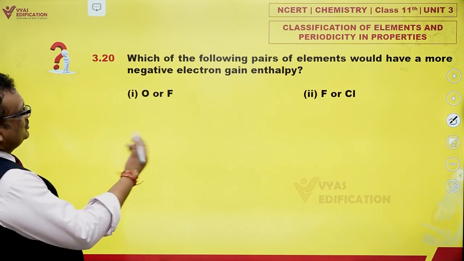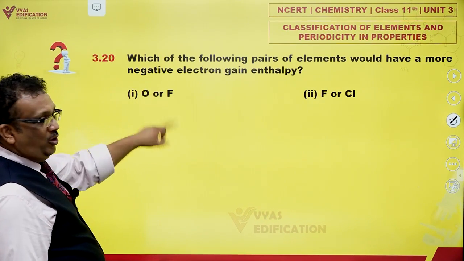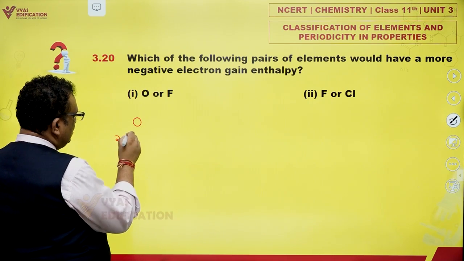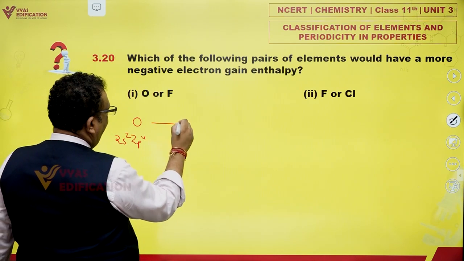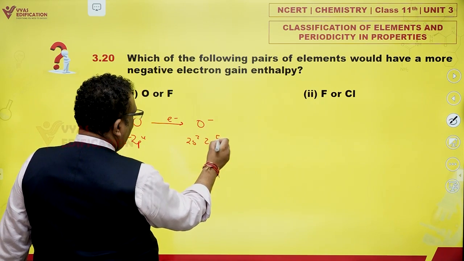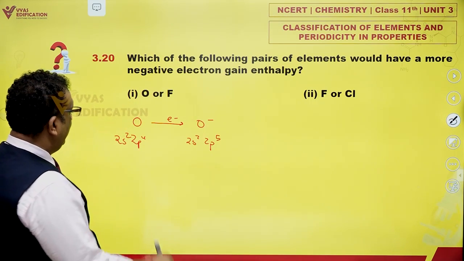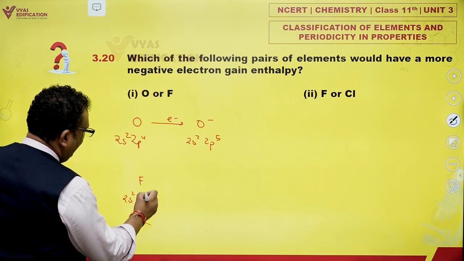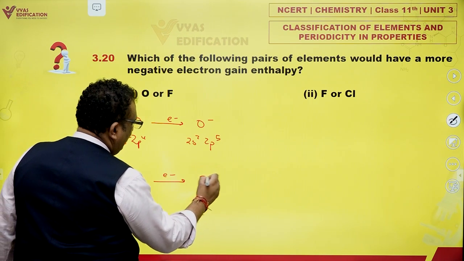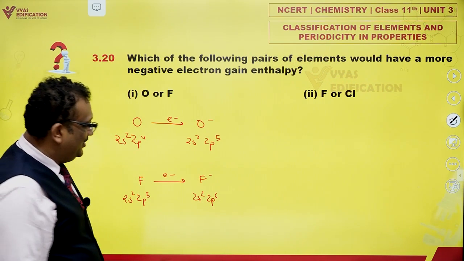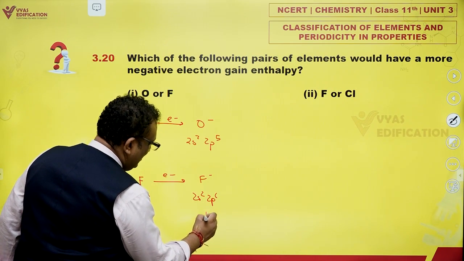Now, if you see O or F, you find oxygen has electronic configuration 2s2, 2p4. With an electron, it will give you 2s2, 2p5, which is beautiful, no doubt. But if you consider fluorine, which is 2s2, 2p5, if it accepts one electron, it gives you 2s2, 2p6. Wow, this is a noble gas configuration.